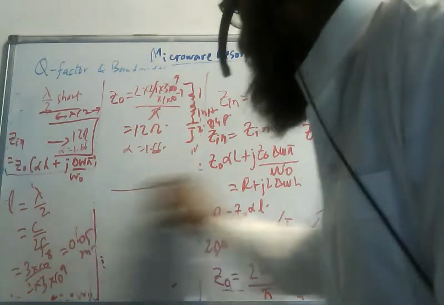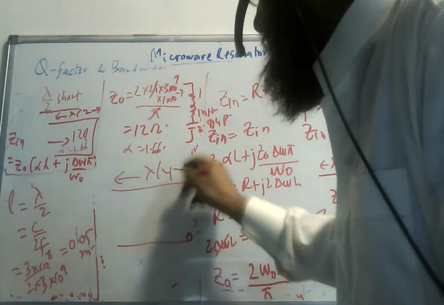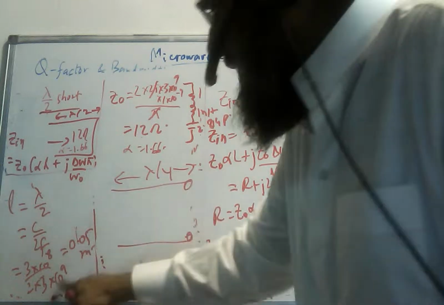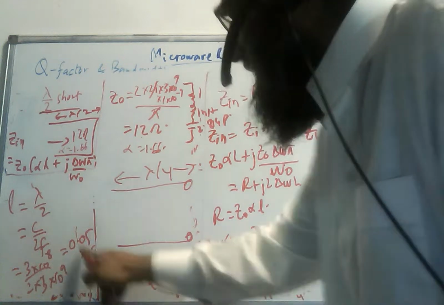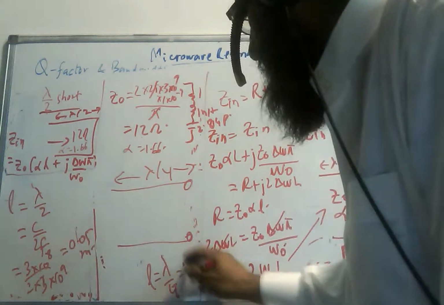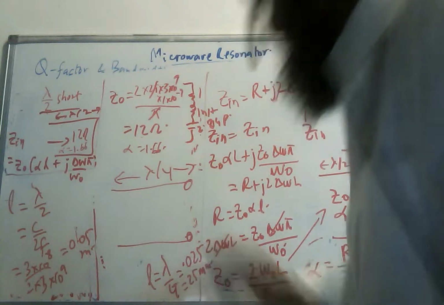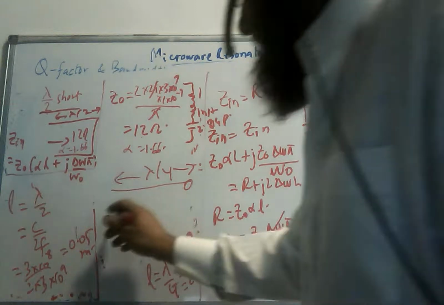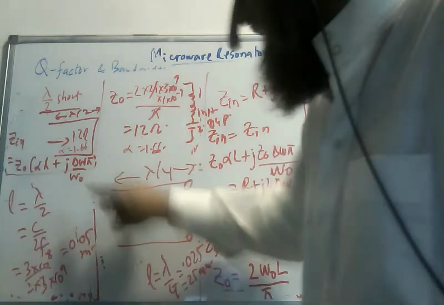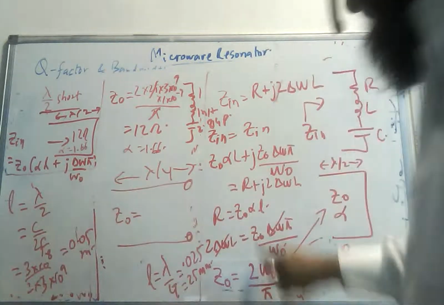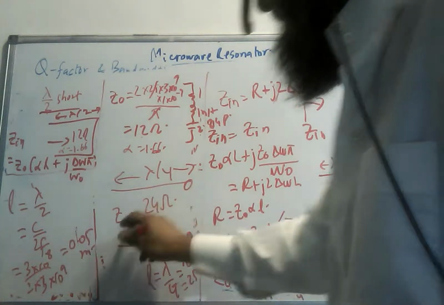This is an open circuit, and the length is lambda by 4. Now lambda by 2 is 0.05. So what is lambda by 4? The length will be equal to lambda by 4, which is half of this. So it will be 0.025, which is 25 millimeters. All right. Now the impedance of this is exactly the same except there is a 2 here. So this 2 will make this 4. So the impedance will be 24 ohm, and alpha will be the same.